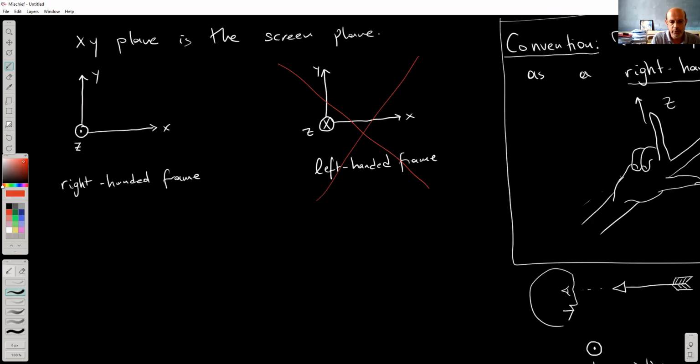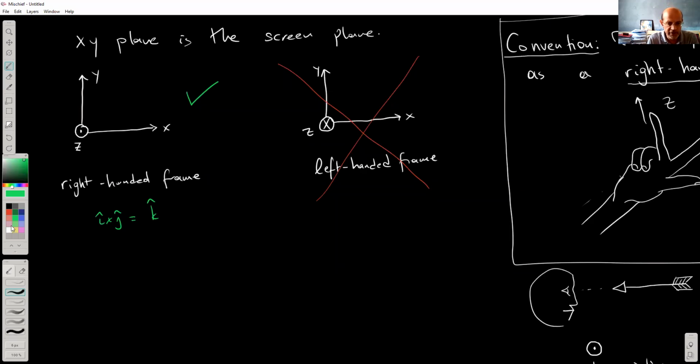Use this one. Let's put a check mark in here, because only in that one will you be able to say i cross j is equal to k. That relationship will not be valid in a left-handed frame. That's one of the important things.